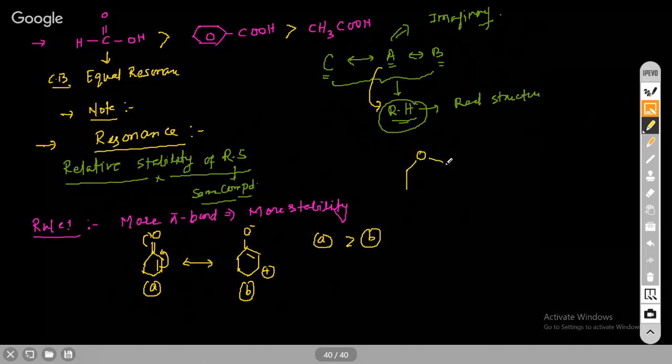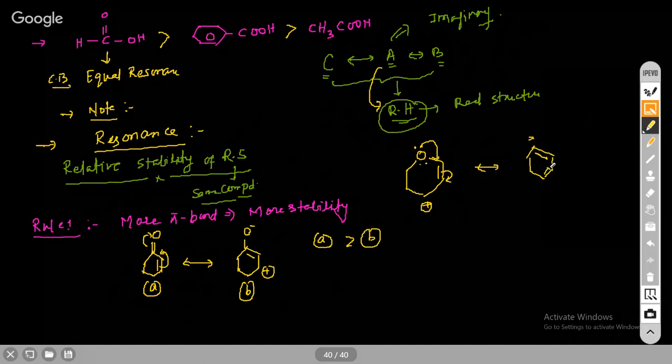Okay. If you compare, one more example we'll see. Oxygen. We have lone pair on this oxygen and then this pi bond, and the resonating structure if we draw here, it will be double bond here. This will come here and this will go here, right? So here we have positive charge here also.